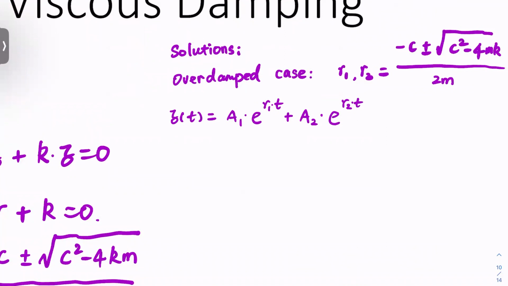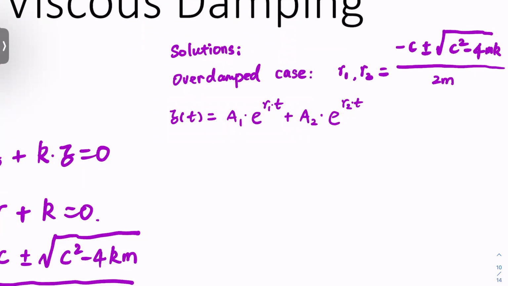Okay, so I'm using A1 and A2. I think we were using C1 and C2. It doesn't matter. Those are just constants. We're not gonna solve this, but again, if you want, it can be easily solved by throwing in 2 boundary conditions.